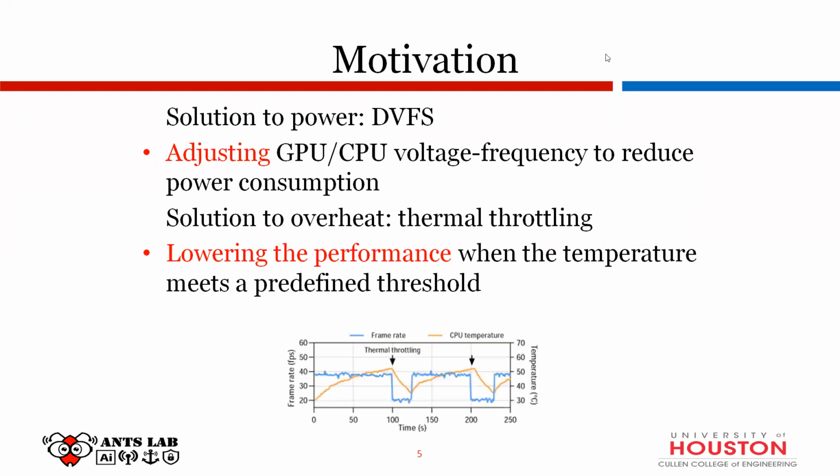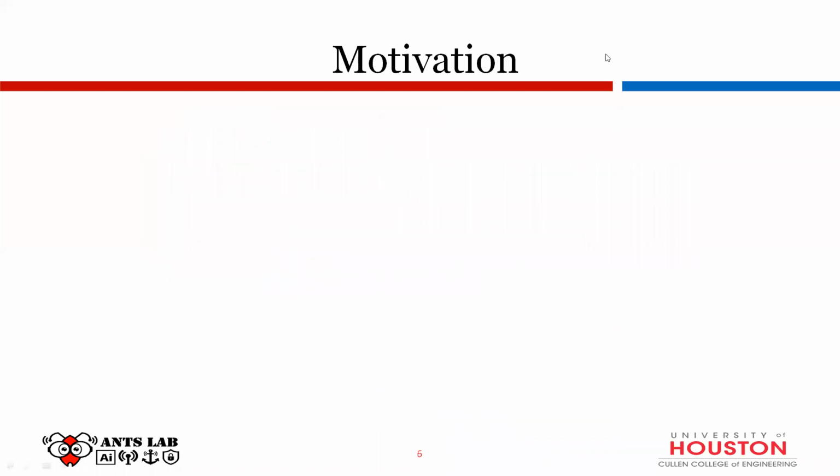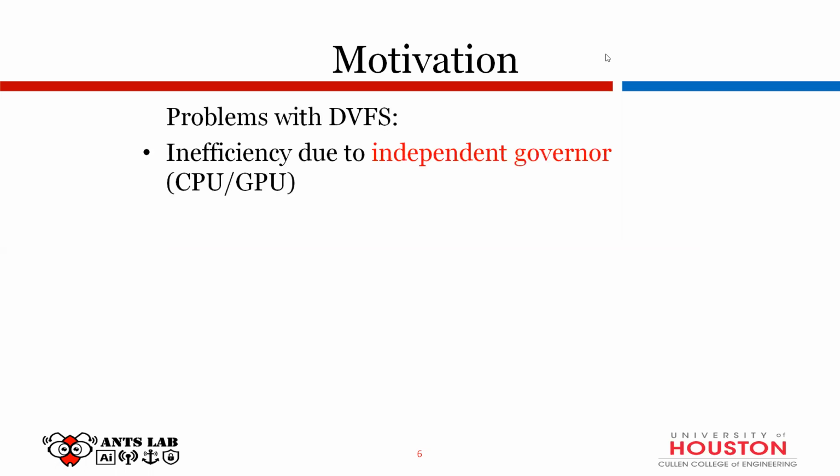And here's a picture of how thermal throttling works. But there are also limitations to those techniques. The first one, the problem with DVFS, is that it is inefficient due to independent governors.